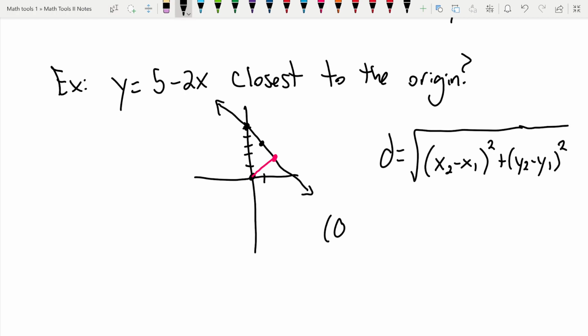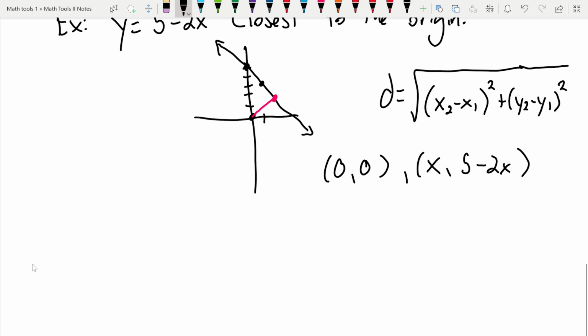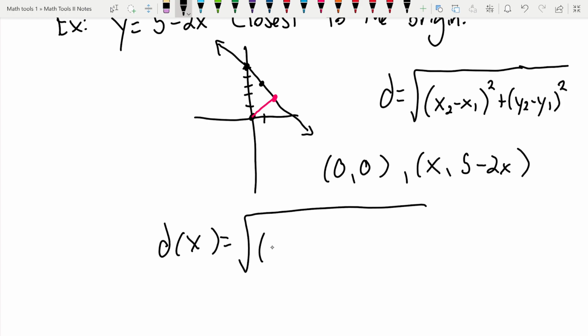So we're basically looking for the distance between 0, 0 and x, y, which is 5 minus 2x in this case. So if we think about distance here as a function of x, this is going to look something like x minus 0 squared. So this is just x squared. Don't even need the parentheses.